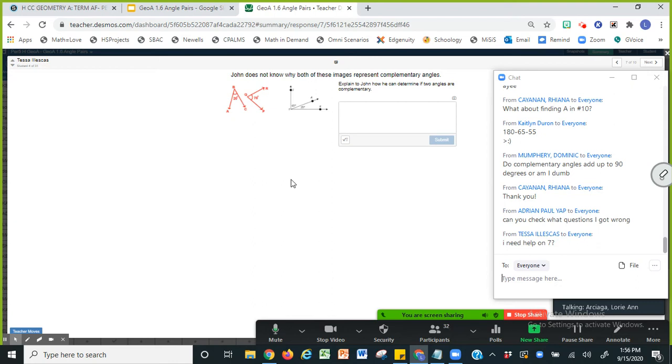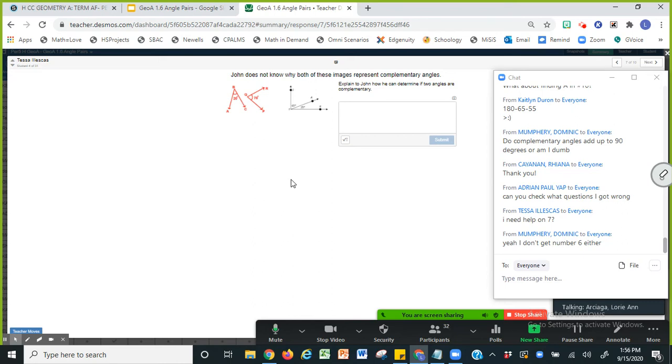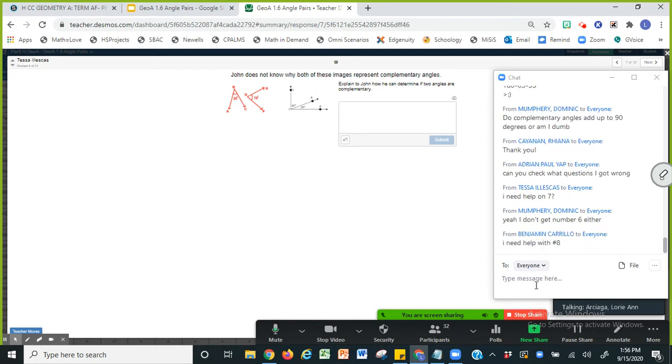And it doesn't have to do with whether they are adjacent or not, because complementary angles can be together or not. So you have to explain something to him about combining the measures of the angles and checking whether or not they add up to a certain amount. I hope that helped, Tessa. Dominic on 6, Ben on 8.